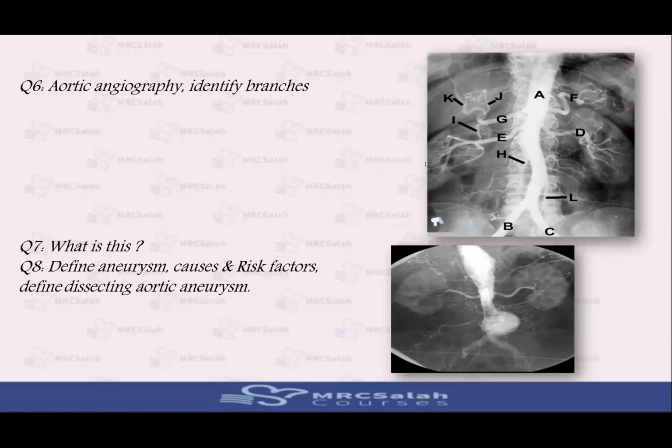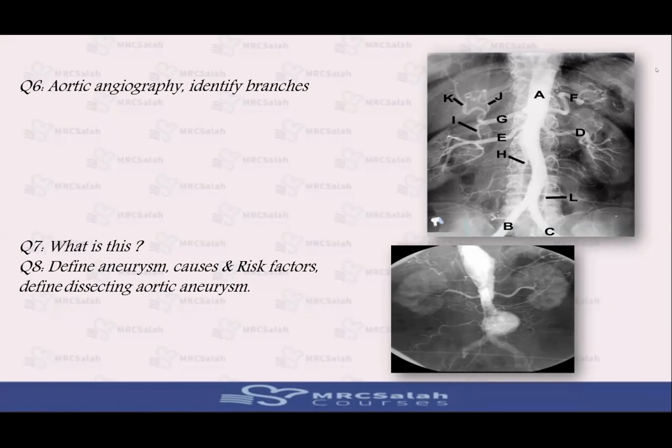Can you please identify the branches? Yes, A is the abdominal aorta, and B and C are the right and left common iliac arteries, and D is the left renal artery, and E is the superior mesenteric artery. E is what? Right renal artery. Sorry. Yes.